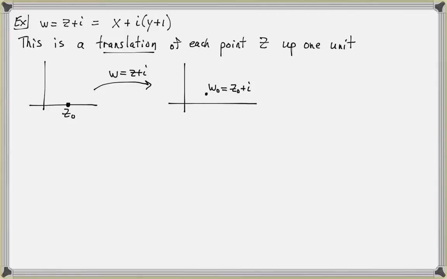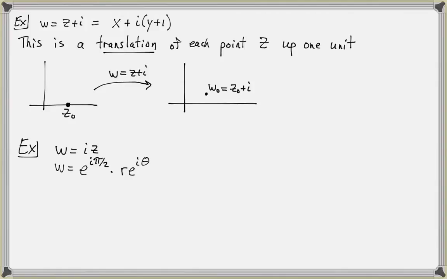Let's see what happens when we multiply by i in the complex plane. Let's look at the mapping given by w equals iz. We saw earlier that complex multiplication can often be best understood in terms of polar coordinates. So I'm going to write w equals iz in polar form. i is given by e to the i pi over 2, and I'm going to write z as r e to the i theta.